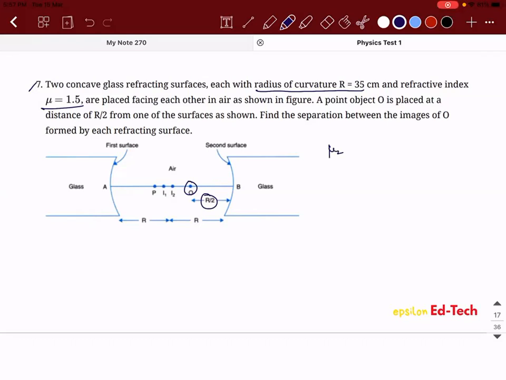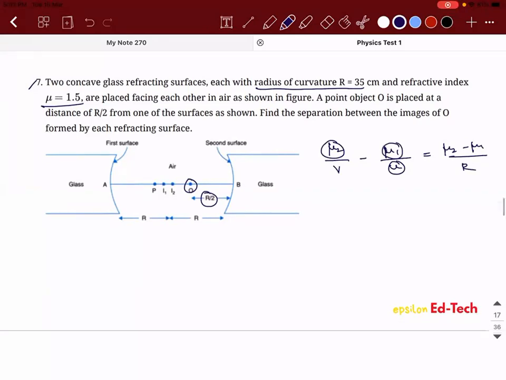Mu2 by V minus mu1 by U is equal to mu2 minus mu1 divided by R. Very good. Where mu2 is the refractive index of the medium where the image is expected to form, and mu1 is the refractive index of the place where the object is kept. Right. Now tell me how to apply the formula in this problem.